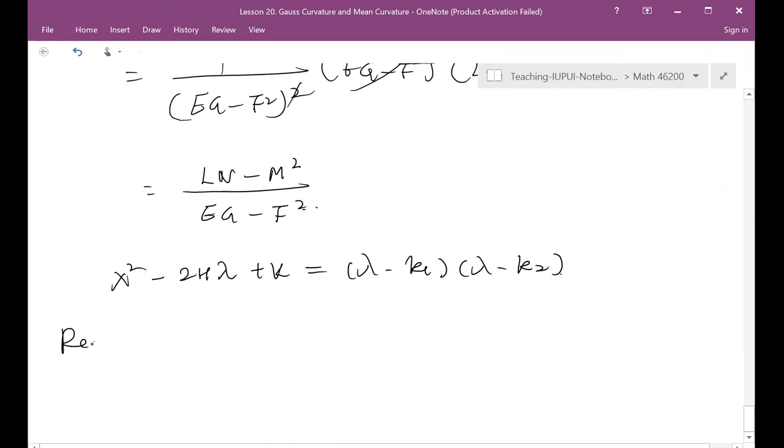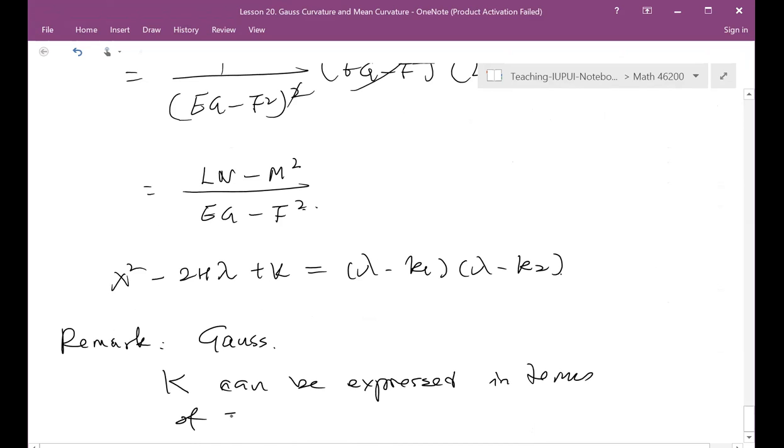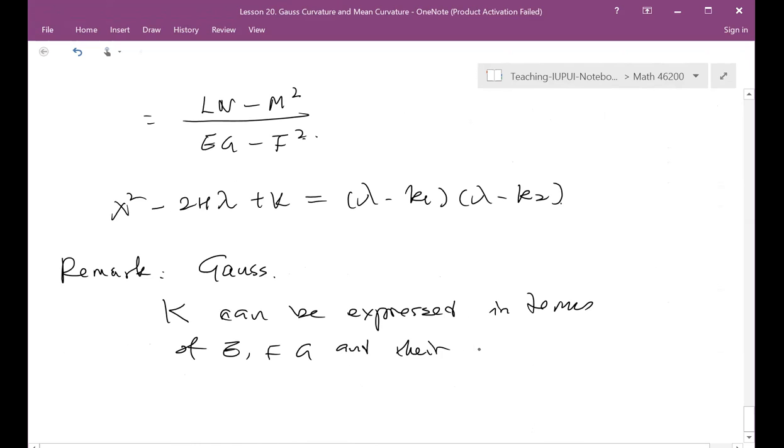Here's my remark, which is due to Gauss: K can be expressed in terms of E, F, G and their partial derivatives. And the formula is very complicated.